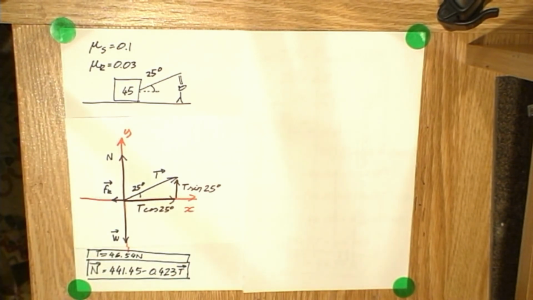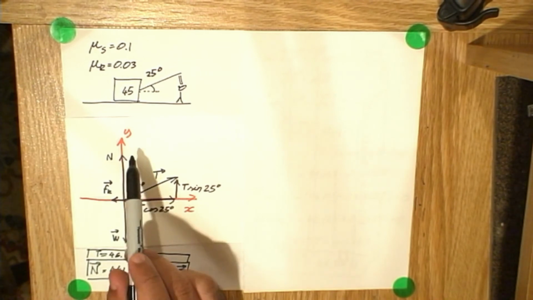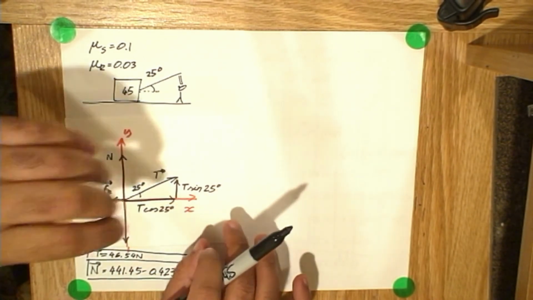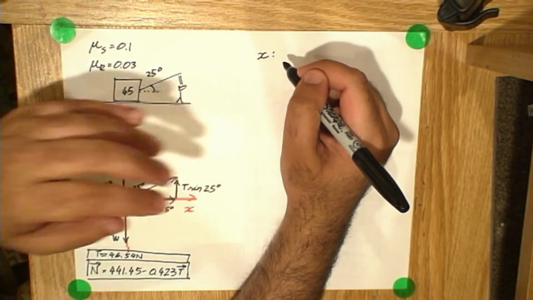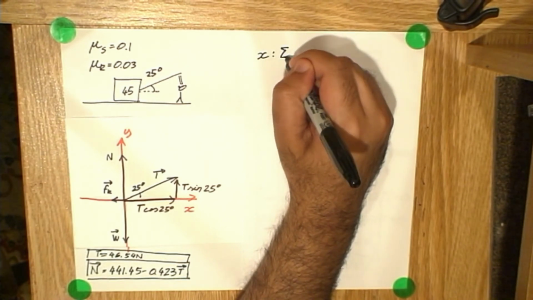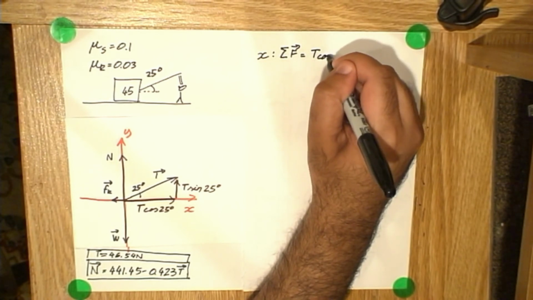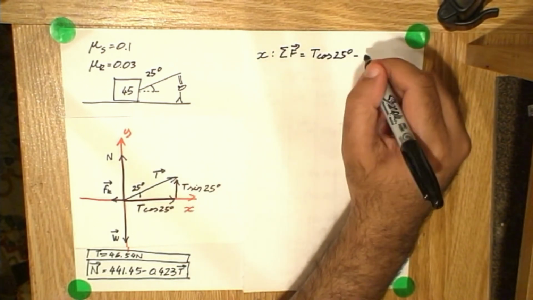Now, knowing this information, let us solve for the acceleration in the x direction. We already know there's going to be no acceleration in the y direction, so I'm not going to bother recalculating the normal force or the weight force. So in the x direction, we have a total force, which is given by T cos 25 minus the force of kinetic friction.